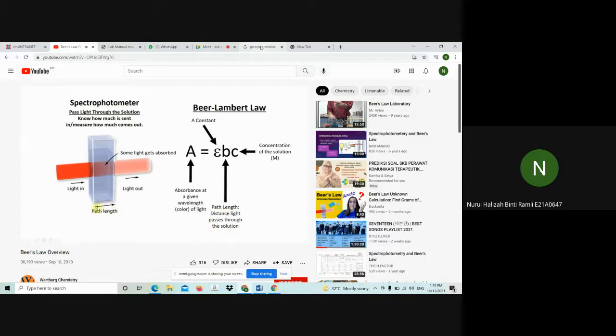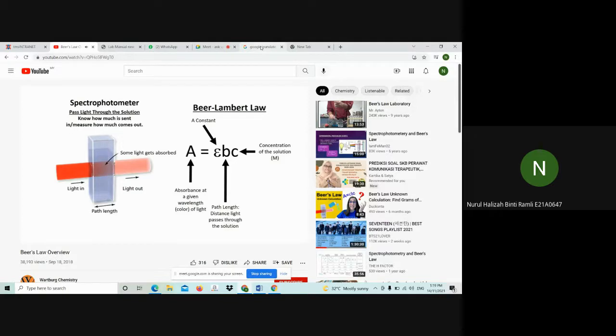The path length in our example is very short, it's just the width of the container. But these can be very narrow or very wide, so that's going to change something. And the concentration, which here I show in molarity because chemists work in molarity very commonly, but the truth is, Beer's law, or Beer-Lambert law, works for any concentration unit as long as you're consistent.